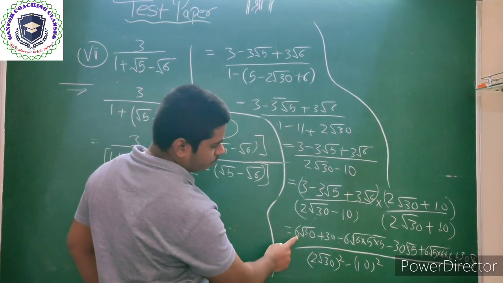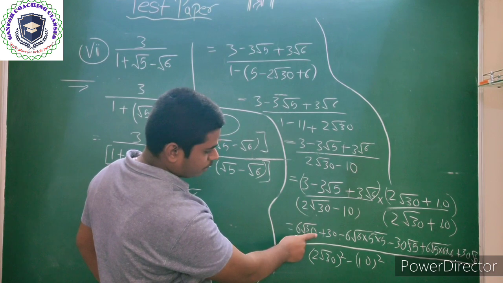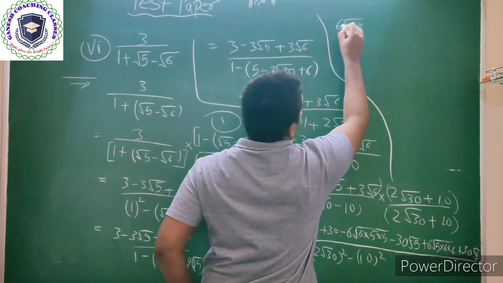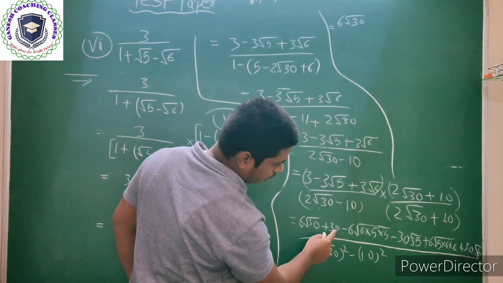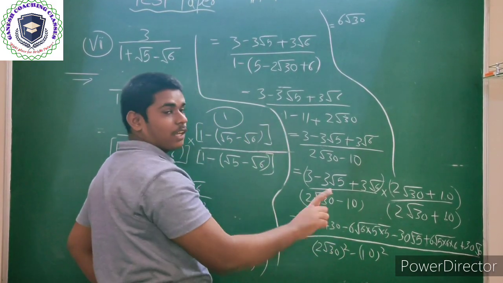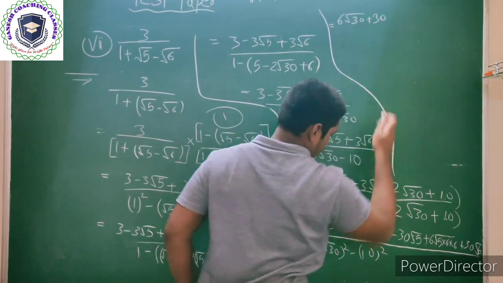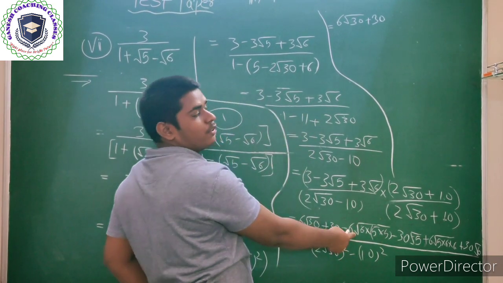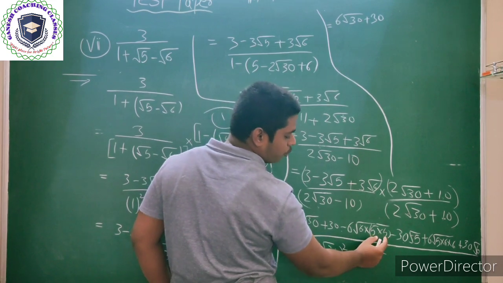Okay, so here 6 root 30, and is there any number which carries 30? No, so we are getting here 6 root 30 as individual. Okay, in denominator 30 and no number which carries only coefficient, so we are writing here 30 as it is. In the third term, that is a square root, and in that we are getting a pair of two numbers.